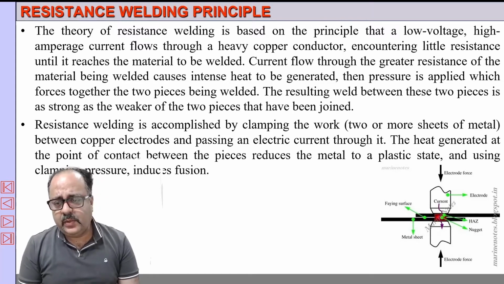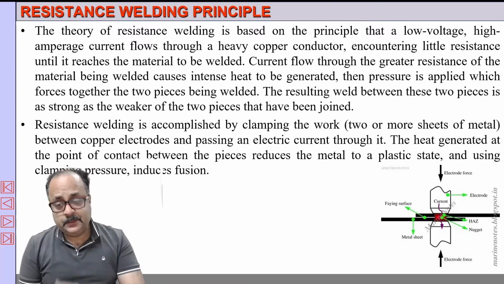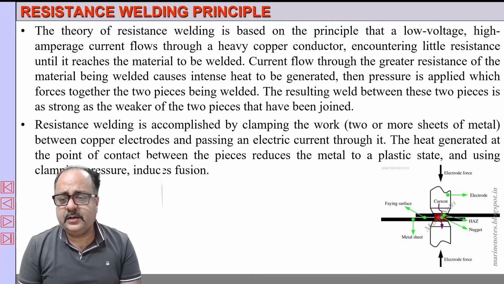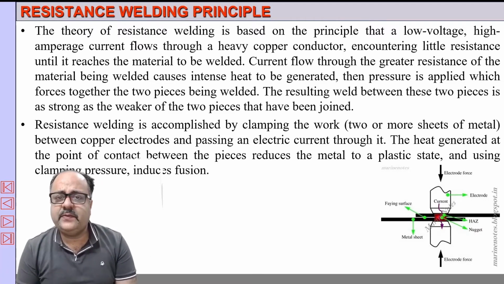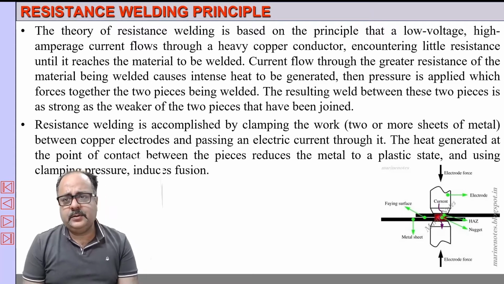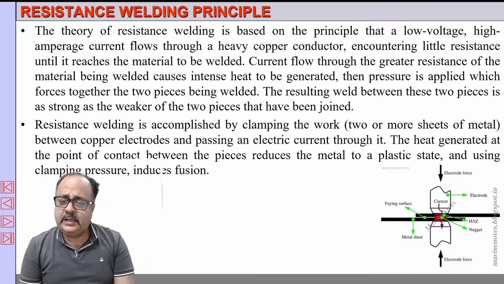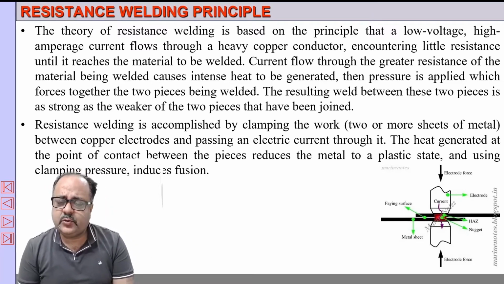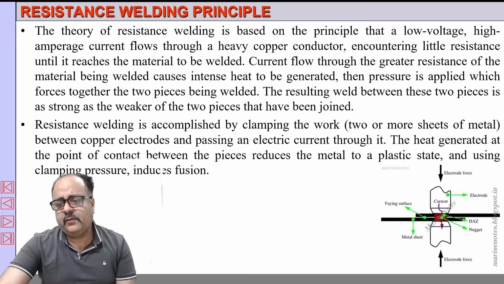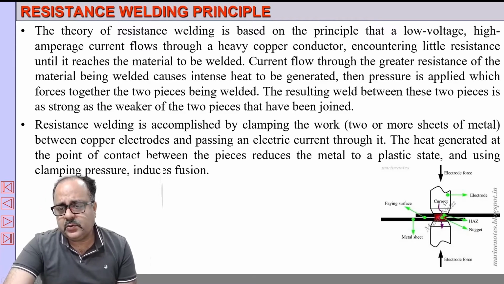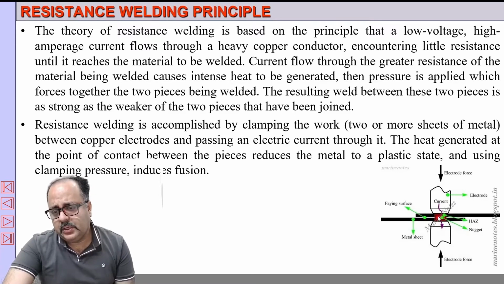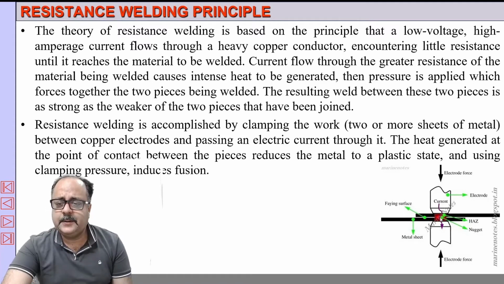Here we normally use low voltage high amperage current which is passed through a very small area, so the current density is very high, and normally this current is passed through electrodes. The lower one is normally a fixed electrode and the upper one is a movable electrode. The upper one is clamped over the lower electrode, and in between the workpiece is placed.